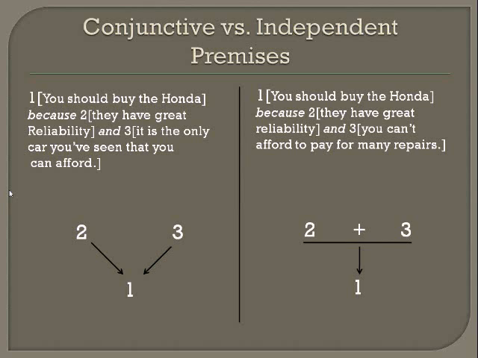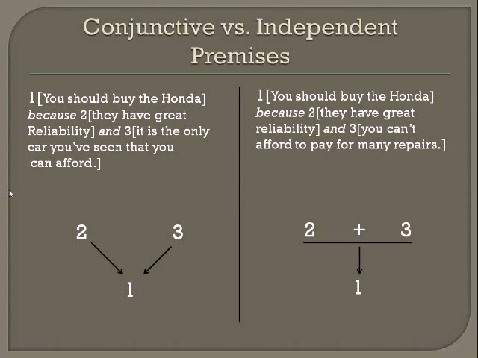On the other hand, if you were to look on the right side, you can see how premise number 2 and premise number 3 are working together. They have great reliability. Well, why does reliability matter so much to you? It matters so much to you because you're not going to have the money to afford to pay for many repairs.